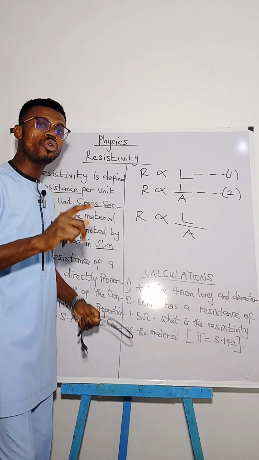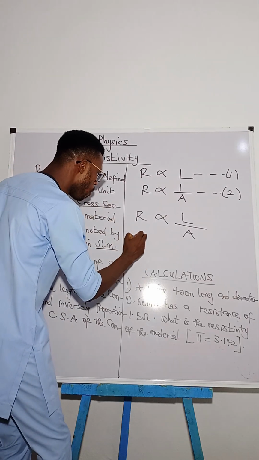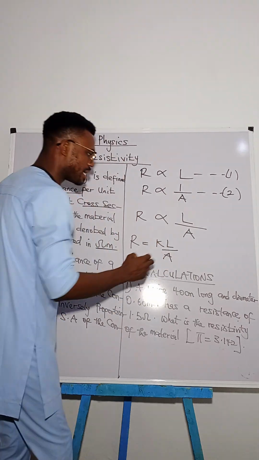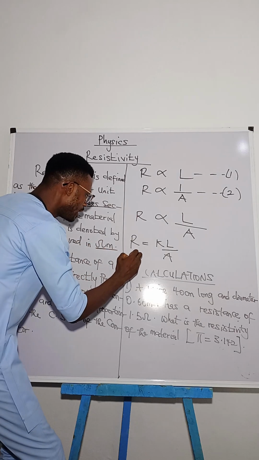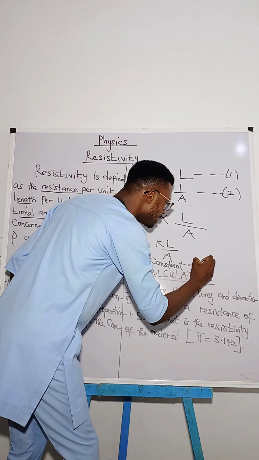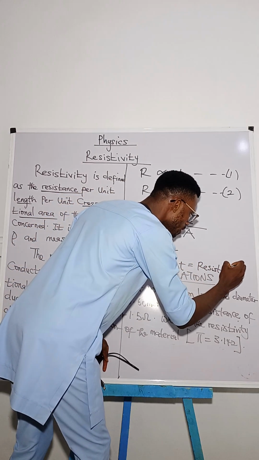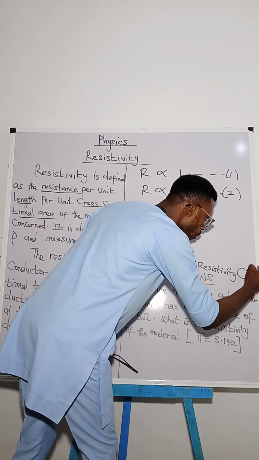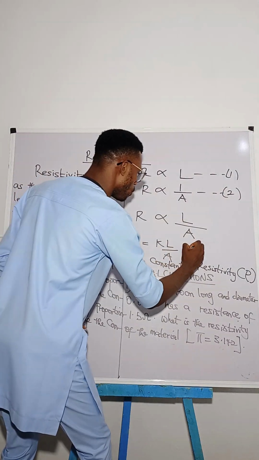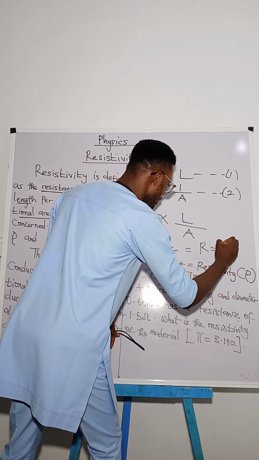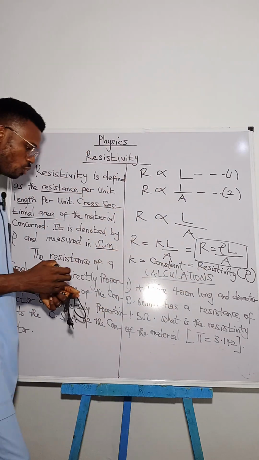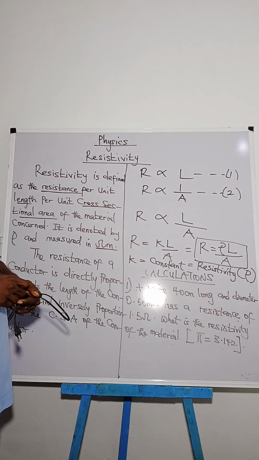Now if I introduce my constant, it becomes R equals K L over A, where K is the constant, and that constant is called resistivity, which is rho. So I can change this to resistance equal to resistivity times L over A. That becomes the formula we use for calculating resistivity.